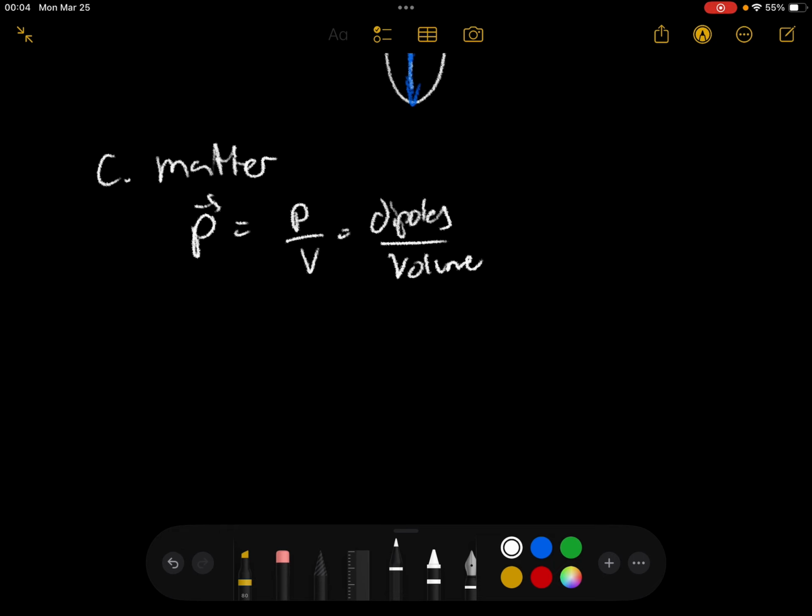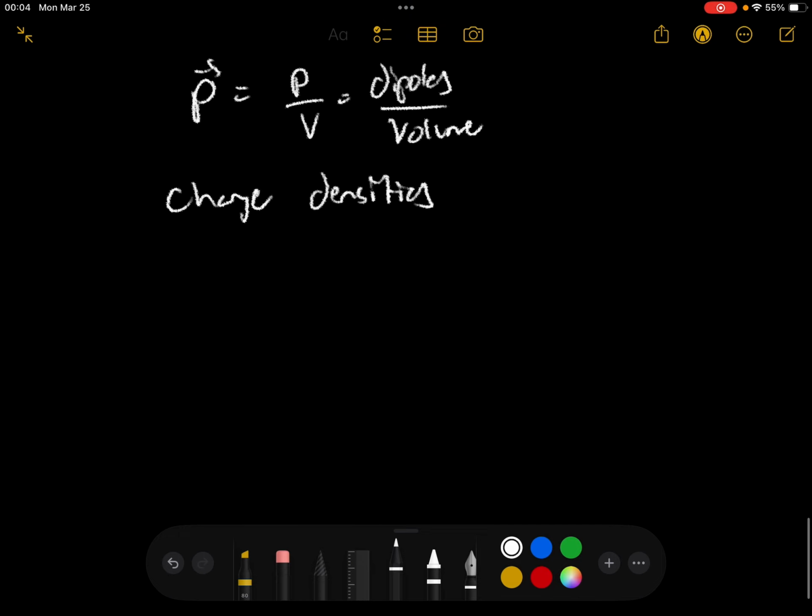And then to talk a bit about that, we could see the charge densities: the bound surface charge density is P dot N, where N is the normal vector, or for volume, negative gradient dot P.